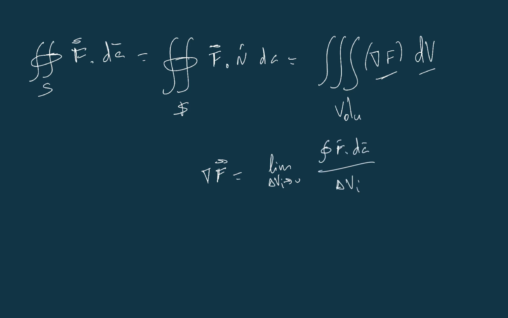Then the divergence of a vector field is a scalar function that depends on the point that you are considering.